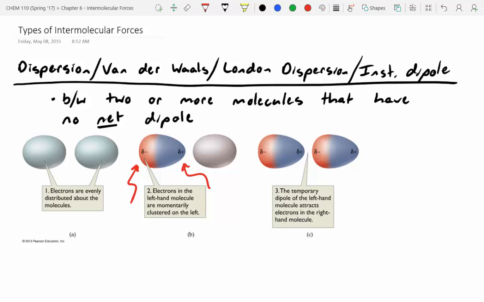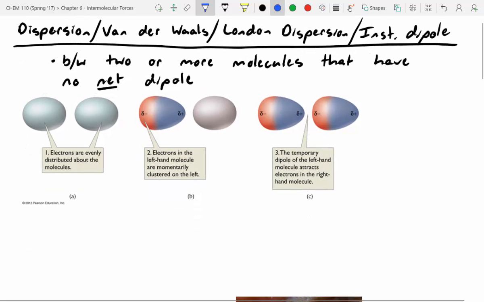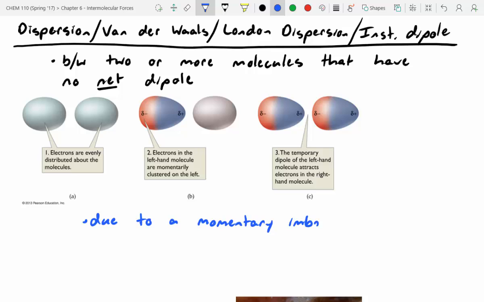So it is a little bit weird to think about, but this entire intermolecular force is due to a momentary imbalance of electron density. It doesn't mean that you have a net dipole, it's just a snapshot in time.